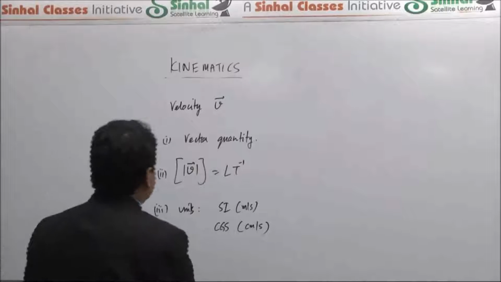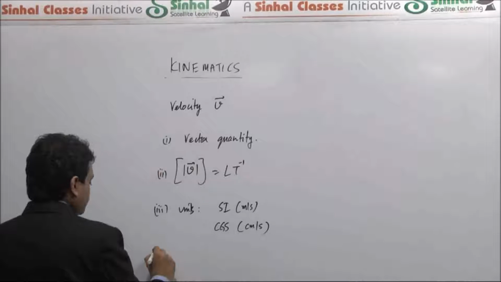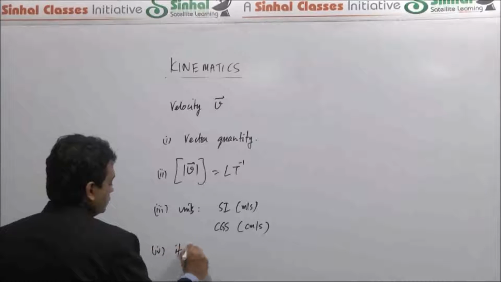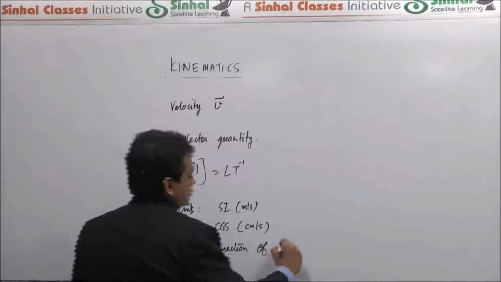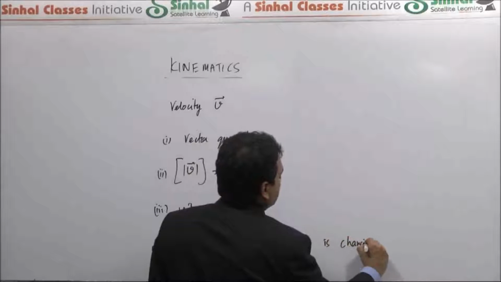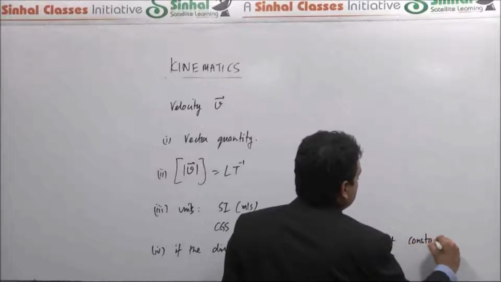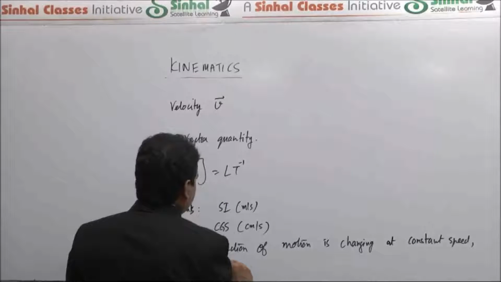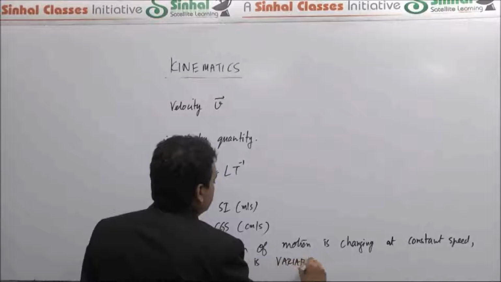One thing we should also make use of over here is that if the direction of motion of a body is changing at constant speed, the velocity is variable.